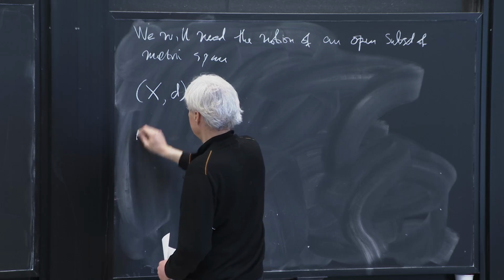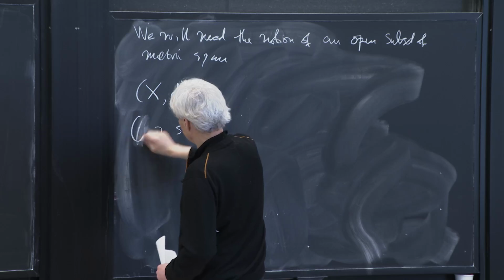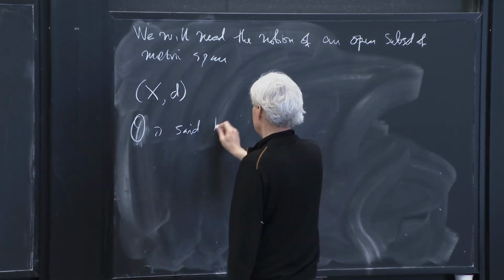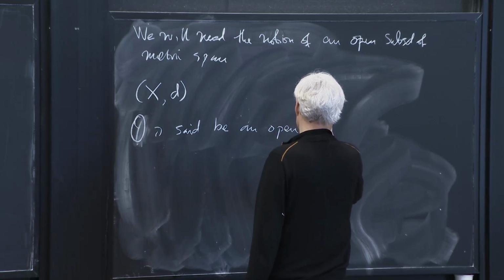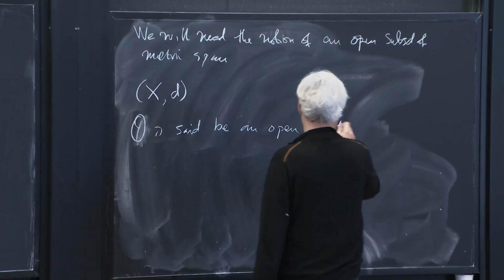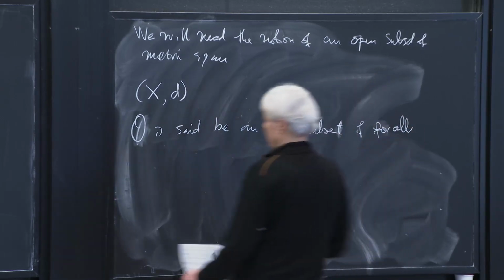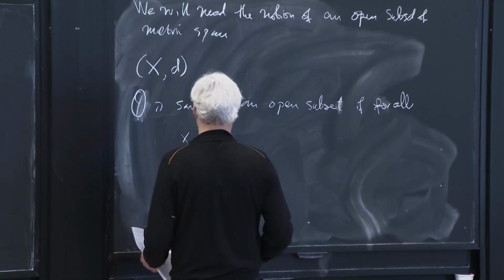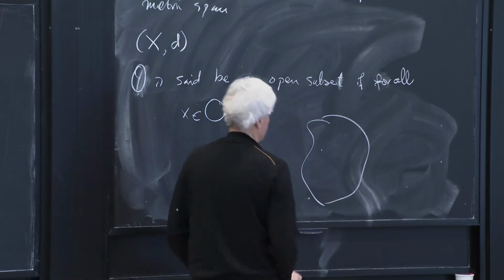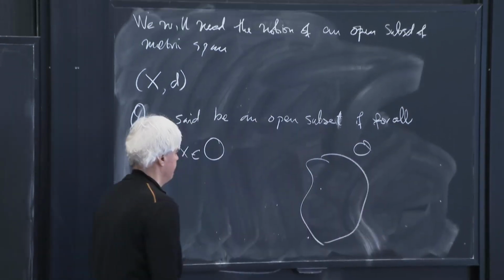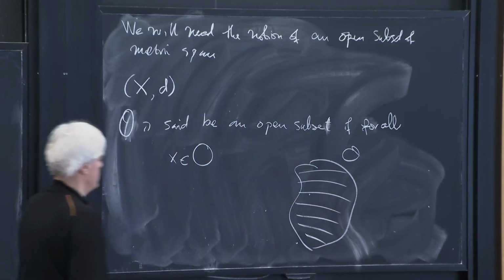And so A here, let's call it O for open. O is said to be an open subset if for all x in O, there exists r greater than 0.